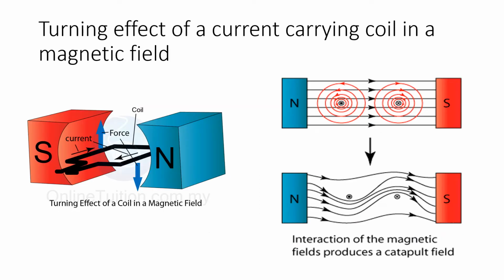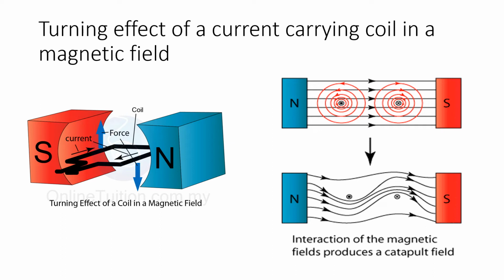The turning effect of a current carrying coil in a magnetic field. How can a turning effect occur in a current carrying coil? By applying Fleming left hand rule, we know that a force is generated when there is an interaction between a magnetic field and a current carrying conductor, which produces an electromagnetic field.